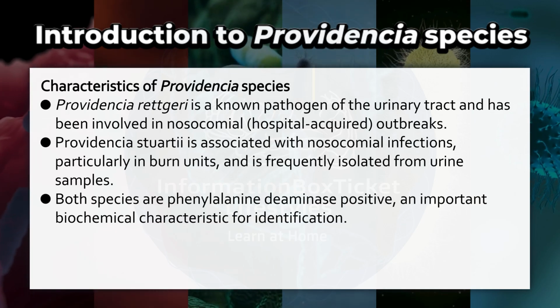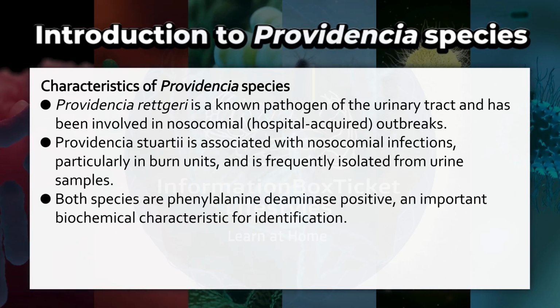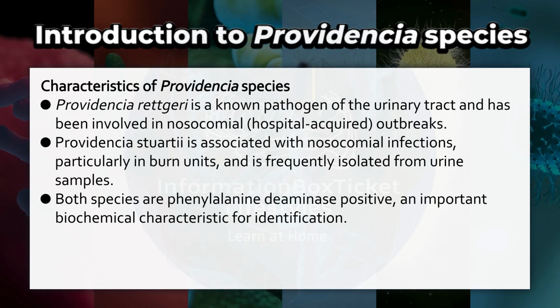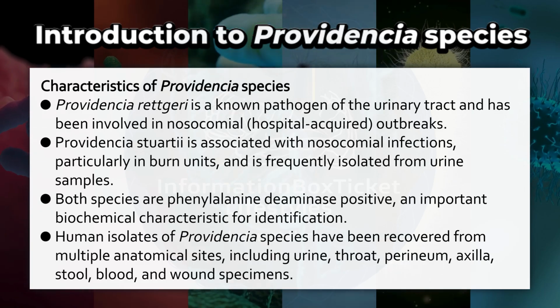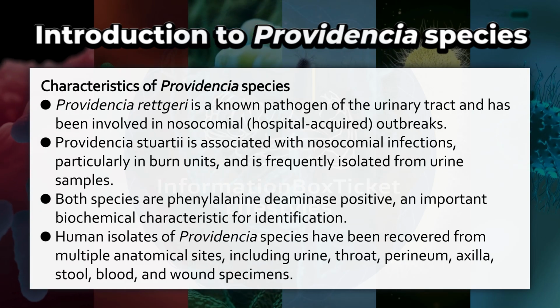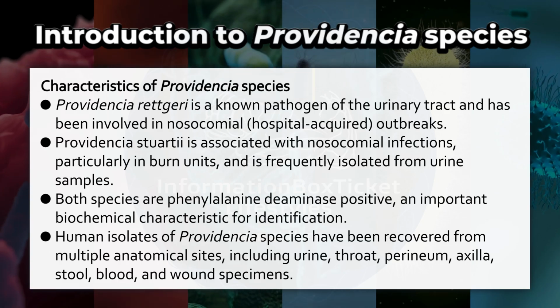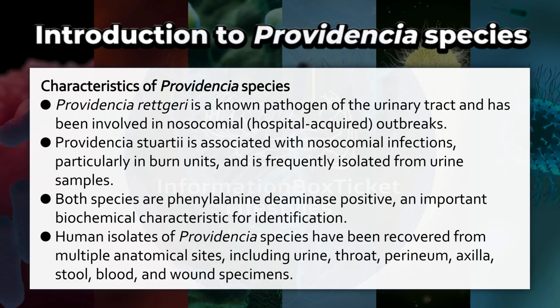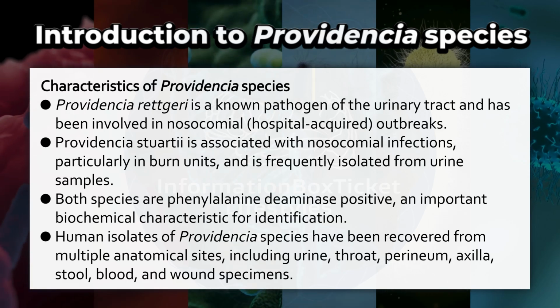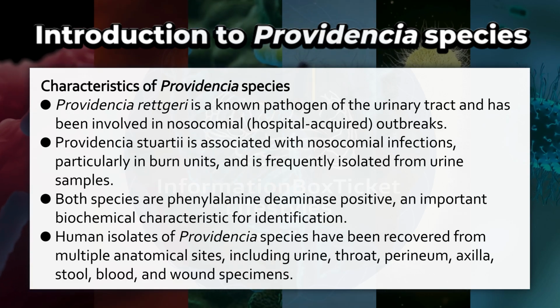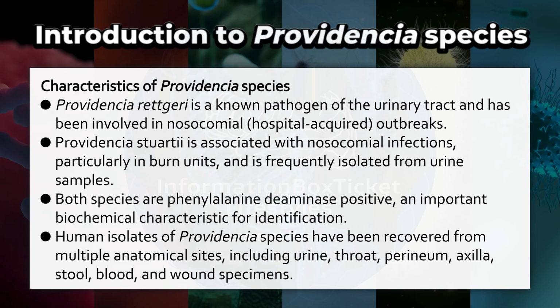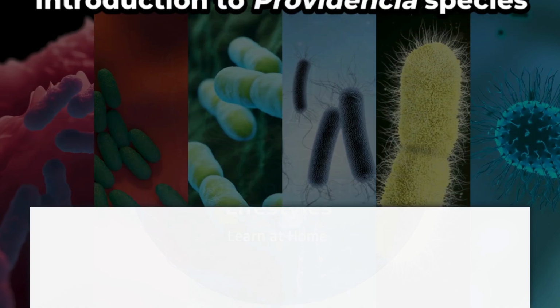Both species are phenylalanine deaminase positive, an important biochemical characteristic for identification. Human isolates of Providencia species have been recovered from multiple anatomical sites, including urine, throat, perineum, axilla, stool, blood, and wound specimens.